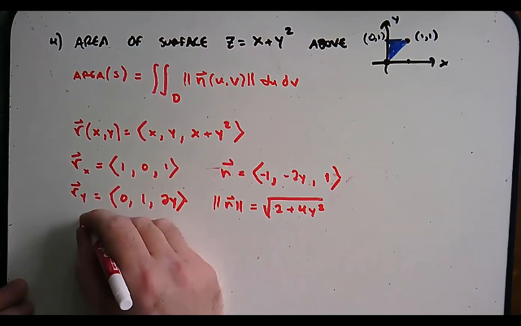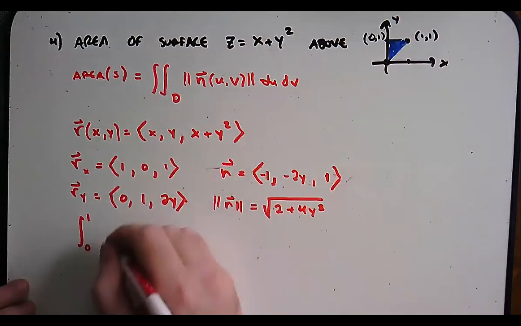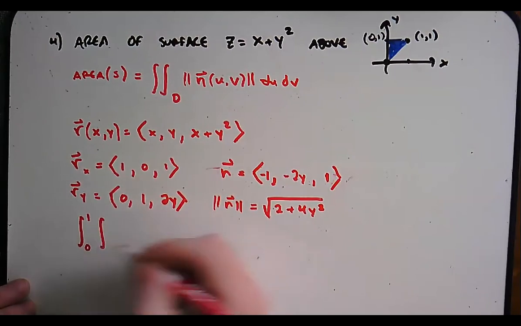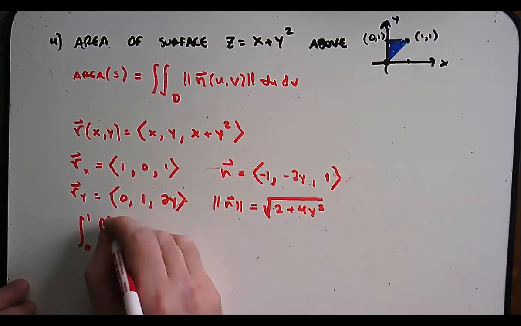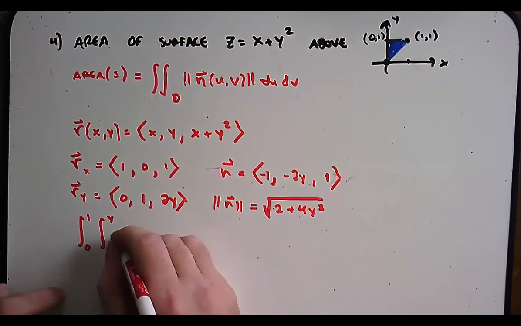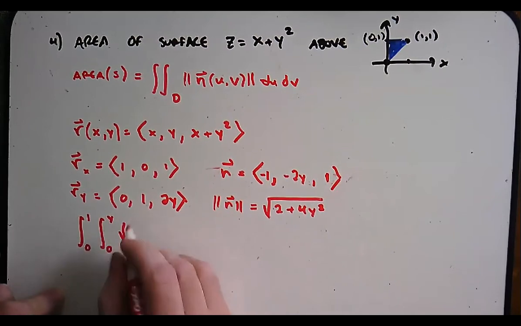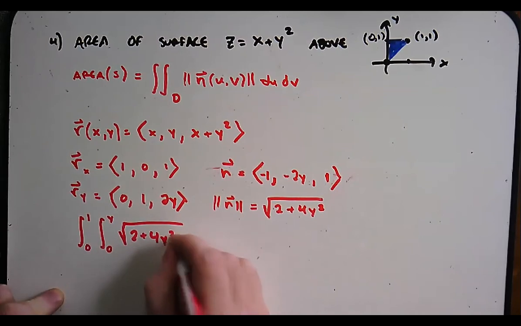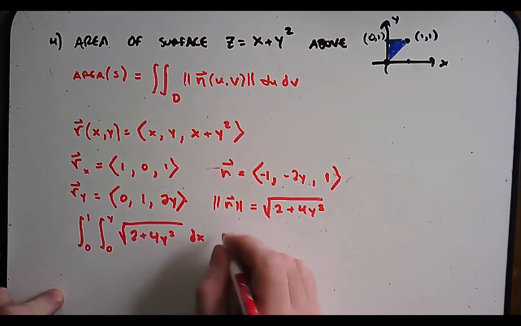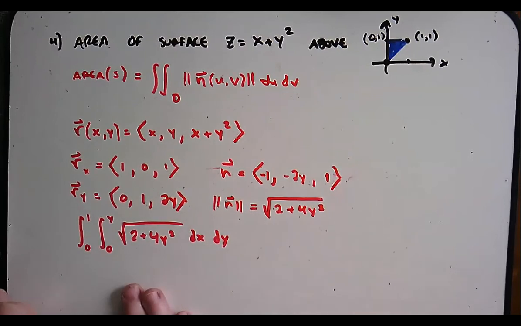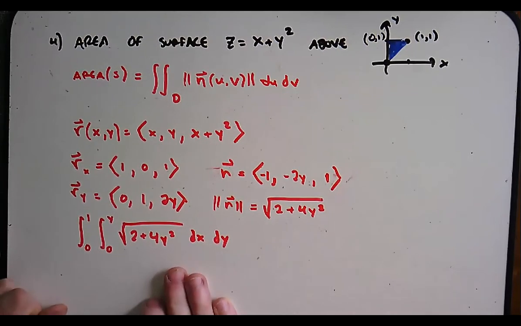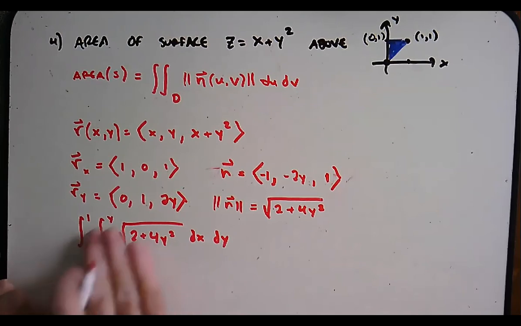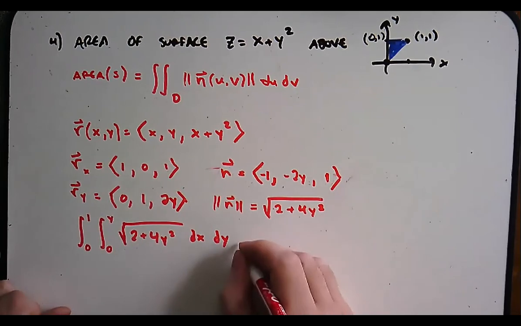So we'll go in the y direction from 0 to 1, and the x direction from 0 to y, and our integral is going to be of the square root of 2 plus 4y squared dx dy. Right, and doing it in this order makes it a lot easier to do this integral, because we'll have a y that shows up and helps us.